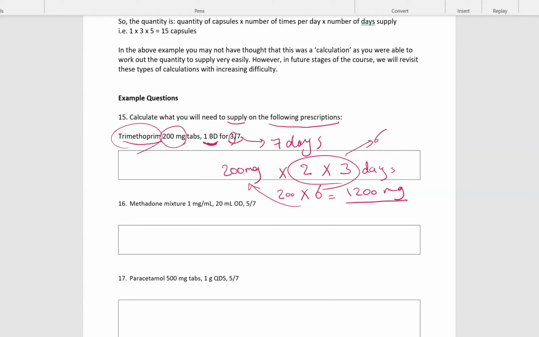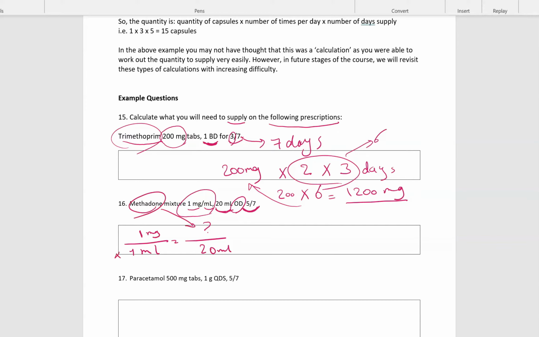Methadone mixture is 1 milligram in 1 milliliter, and we need 20 milliliter once a day for 5 days. So if it's 1 milligram in 1 milliliter, how much methadone do we have in 20 milliliter?